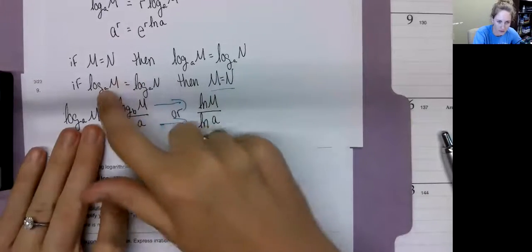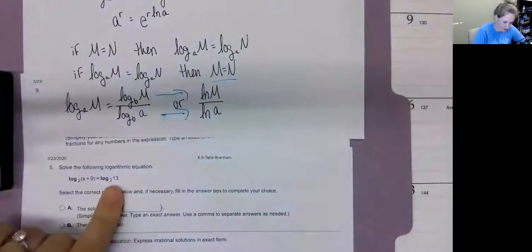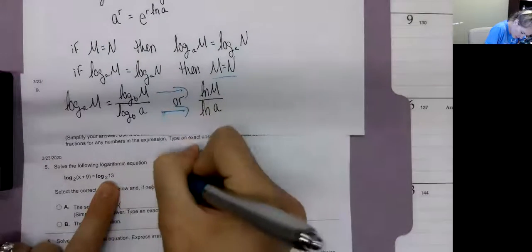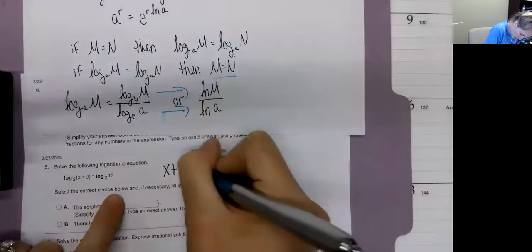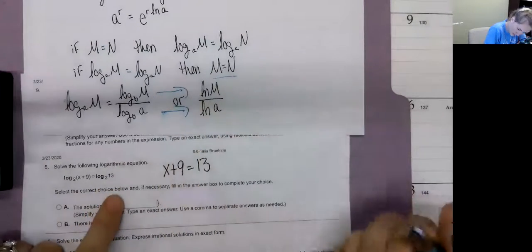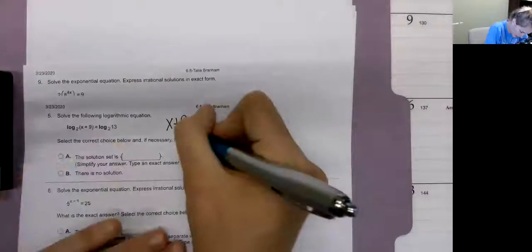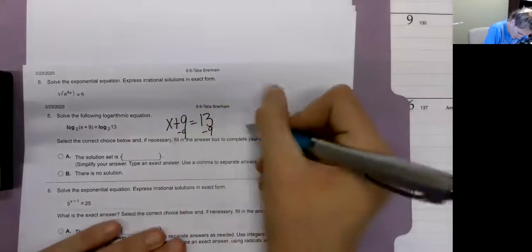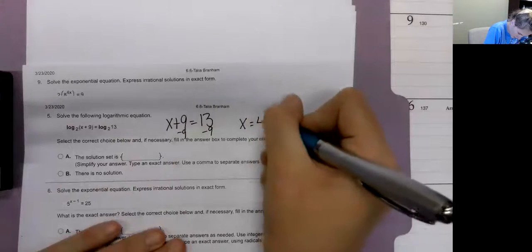So m equals n. Since we have the log with the same bases on this one, so we're going to have x plus 9 equals 13. And we solve for our x. So subtract 9. x equals 4.